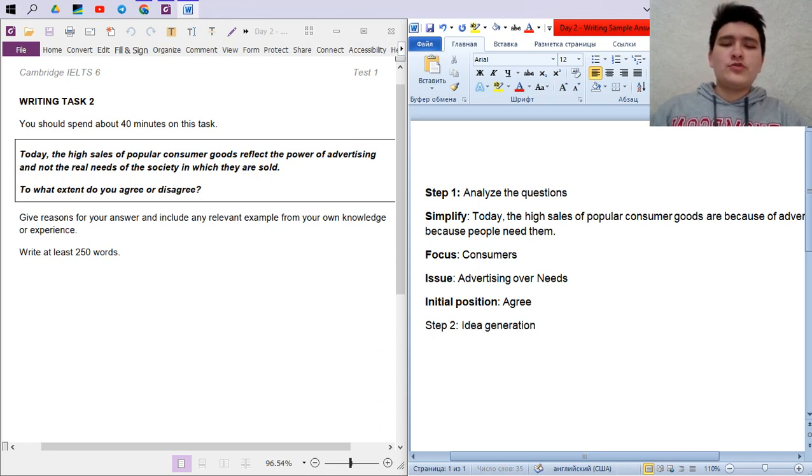So you start with generating ideas as someone who both agrees and disagrees with this. So why would I agree that we increasingly buy a lot of popular consumer goods because of advertising rather than our needs?